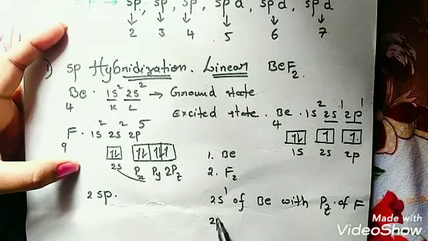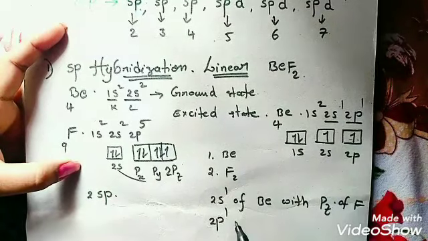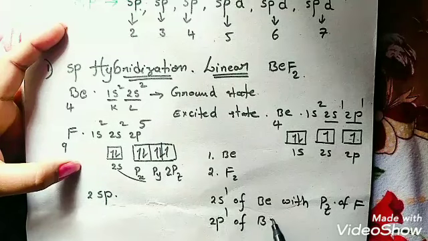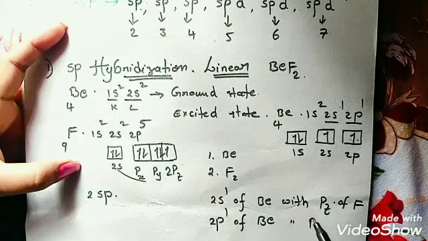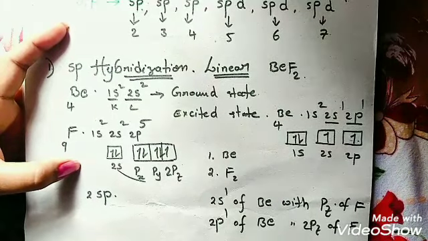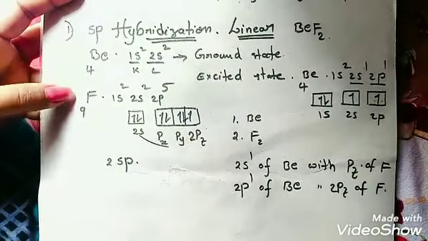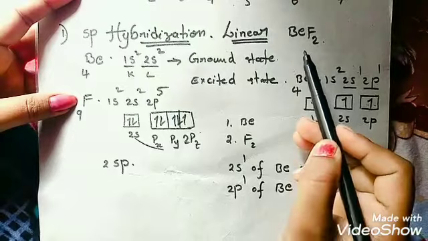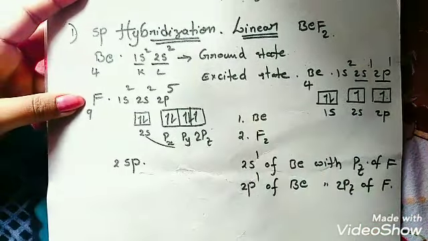Again students, 1 electron is there in 2p1, so that 2p1 orbital of beryllium is going to form bond with again 2pz orbital of fluorine. Clear students? This is about sp hybridization of example BeF2, which has linear structure.